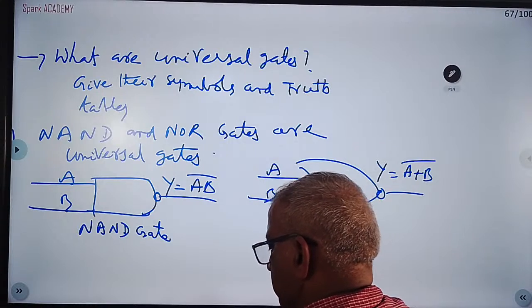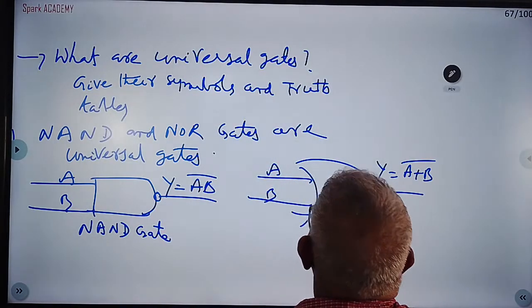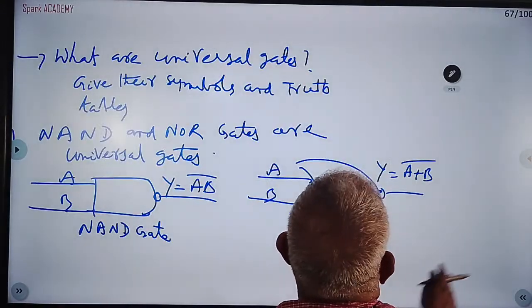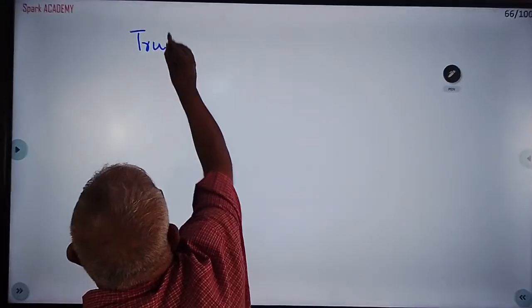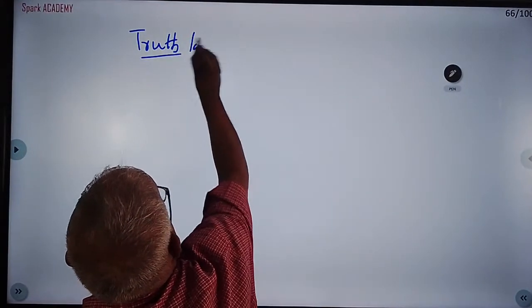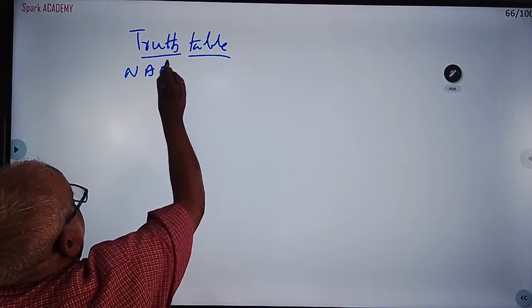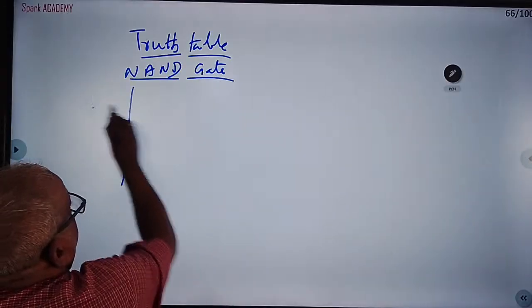Okay, students, NAND gate and NOR gate. What are the truth tables? I am giving the truth table with Boolean algebra. Truth table, NAND gate. I am giving two inputs, 0 and 1.